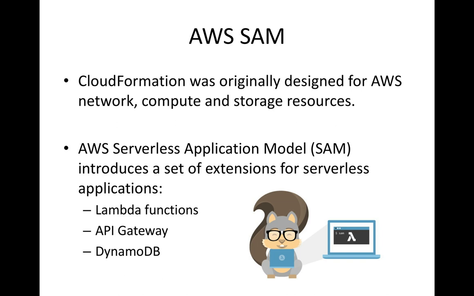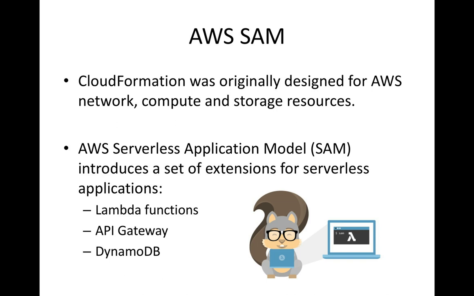I'm going to wrap up the lecture by talking about AWS Serverless Application Model. AWS Serverless Application Model, or otherwise known as SAM, is basically an extension to CloudFormation. Now, we've been using CloudFormation quite a bit in this course.